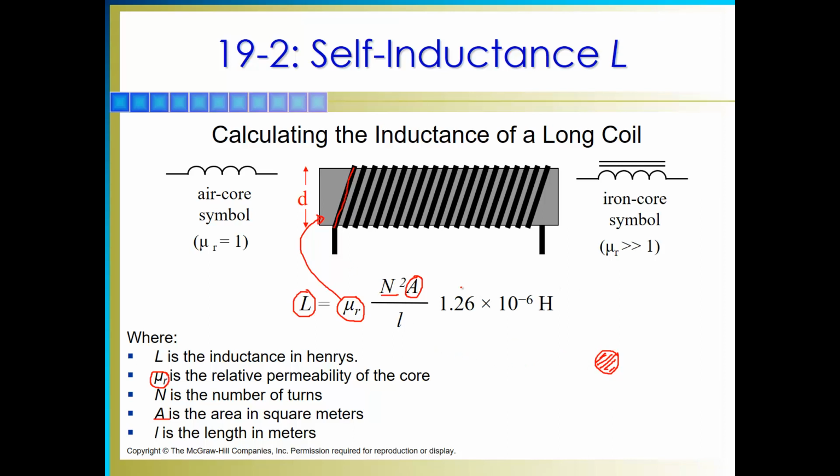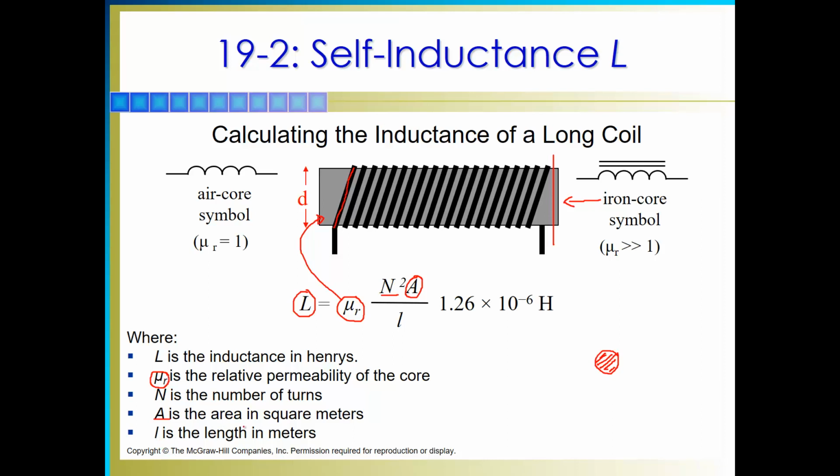Okay, so in other words, if we make a cut here, if we cut this like that, and you look at this cut from this angle, you're going to see a circle. So what is the area of that circle? Okay, the area of that circle, that's the area that we're talking about in here. So it's the area, and the units will be square meters.